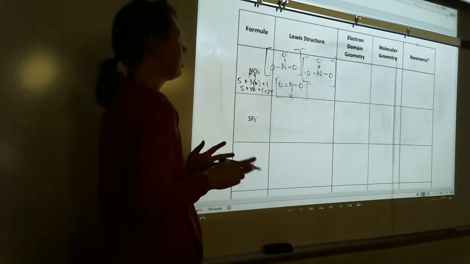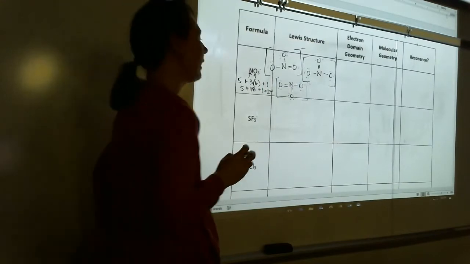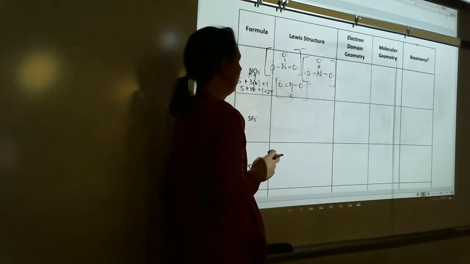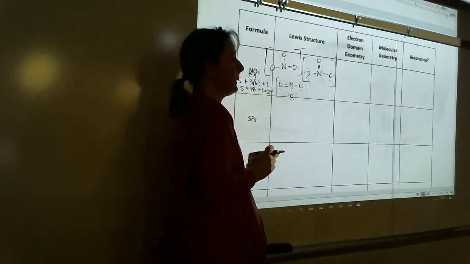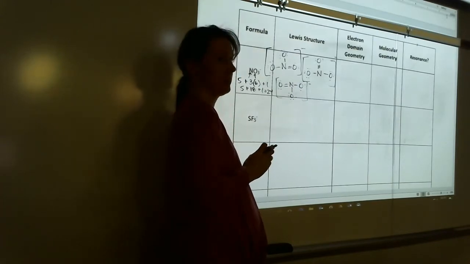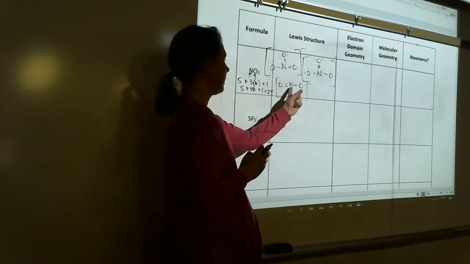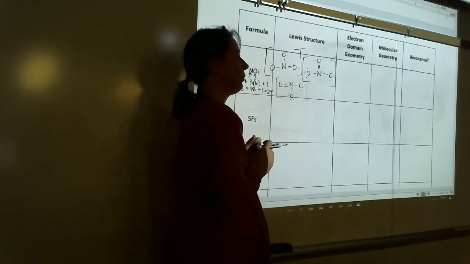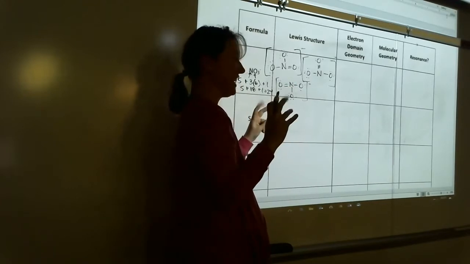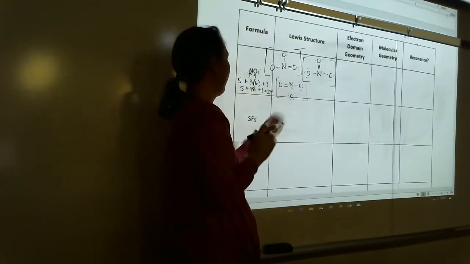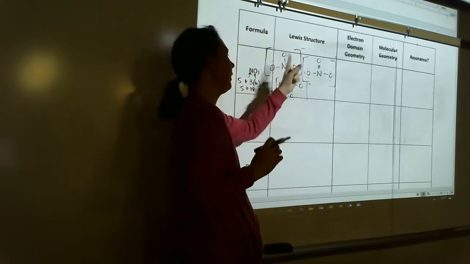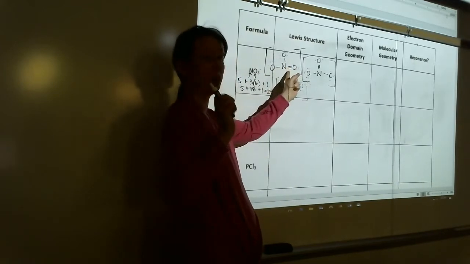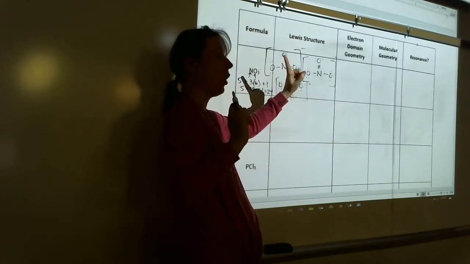All right, so now we do electron domain geometry. What do we look at to determine that? The central atom? Yes. And what we're looking at is the number of things. I used a real technical word there. How many things are on the central atom? First of all, does a double bond count as one thing or two things? It counts as one, right?